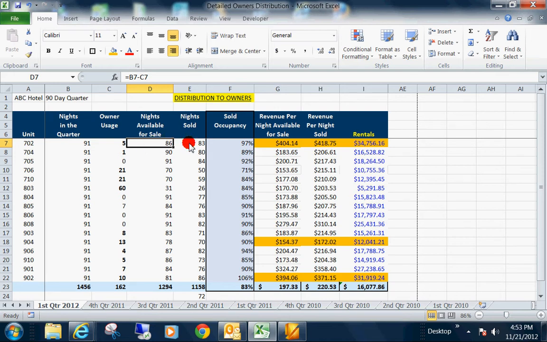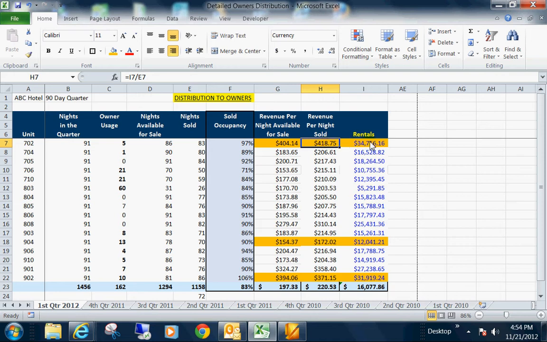Of those 86, 83 room nights were sold, or 97% of the room nights available to be sold. That's excellent. And the average rate over 86 nights available was 404, and the average rate calculated on the actual 83 nights in which guests stayed was 418.